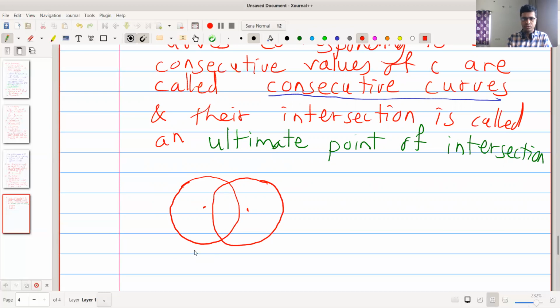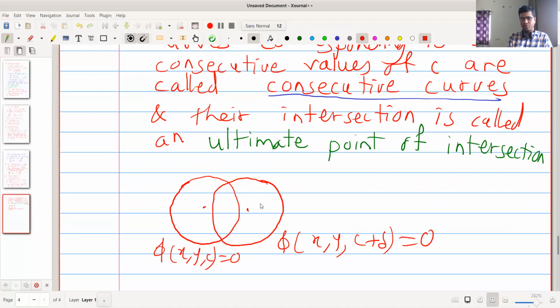So this is phi of x, y, c equal to 0, and this is phi of x, y, c plus delta equal to 0. We get these two curves.